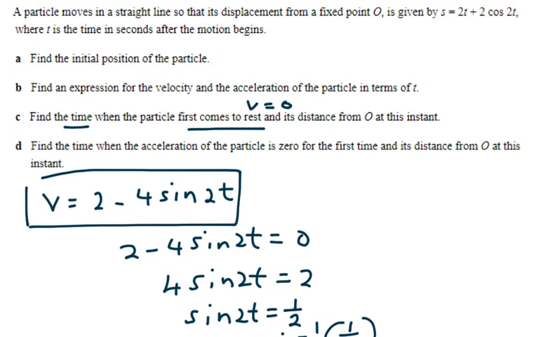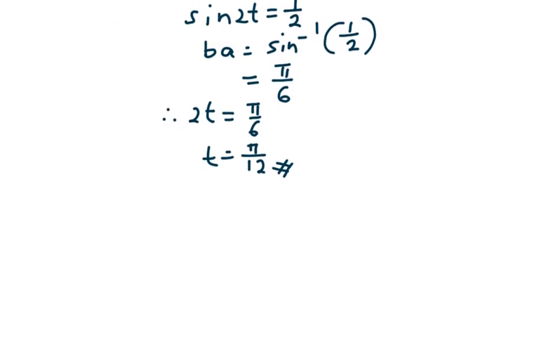The next part of the question is asking to find the distance from O at this instant. You already have the t value, so all you need to do is substitute the t value in the equation of s. We have s equivalent to 2t plus 2 cosine of 2t.